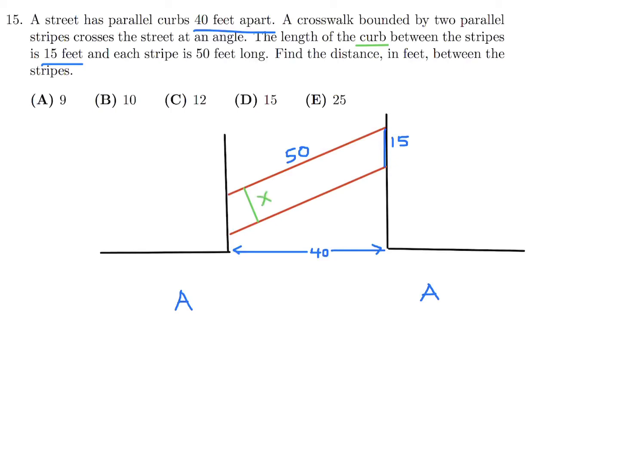That's what the question is asking us to figure out. The distance in feet between the stripes. Okay, the first way to figure out the area of the parallelogram in red is just length times width. So we're going to use 15 and 40.